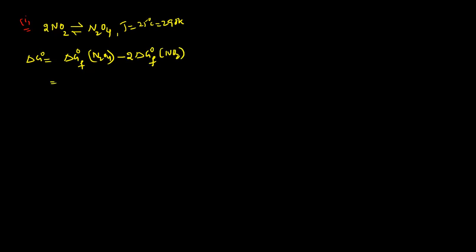Delta G naught of formation of N2O4 given in the question is 97.82 kilojoules, minus 2 into delta G naught f of NO2, given in the question as 51.3. Upon simplification, I got the answer minus 4.78 kilojoules. It means minus 4780 joules.